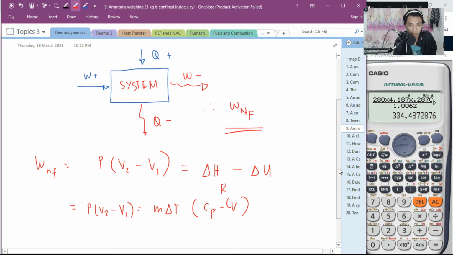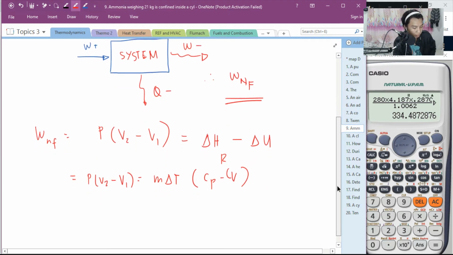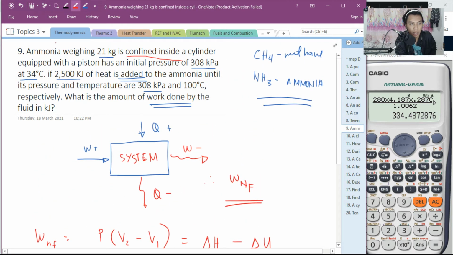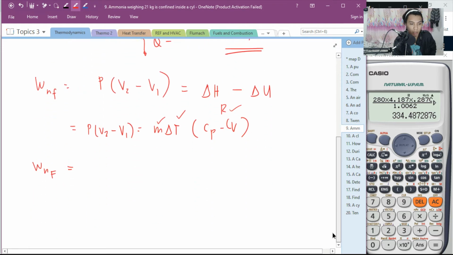So, the work non-flow here is equal to m R delta T. Meron ka namang m, meron kang delta T, meron kang R, galing kay ammonia, NH3. Meron kang m, that is 21 kilograms of ammonia.